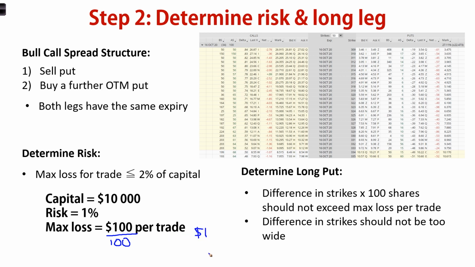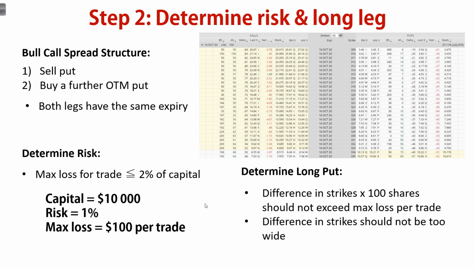And what this means is that your difference in strike between your short put, your leg number 1, and your long put, your leg number 2, should not exceed $1. And previously, since we shorted the 315 strike put, now our long put should have a strike of 314. Now, when you use this method, it is also important to note that the difference in strikes should not be too wide. Otherwise, you'll be losing out on some profits. We'll take a look at this in greater detail in the examples later.